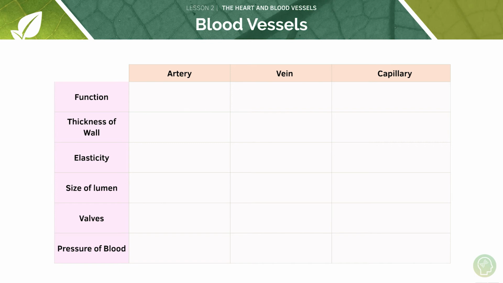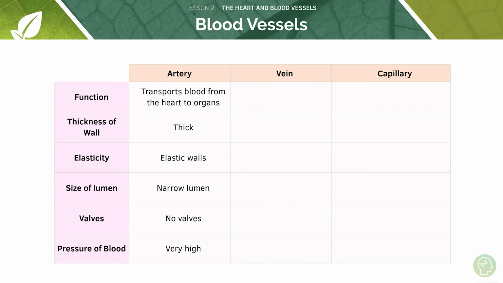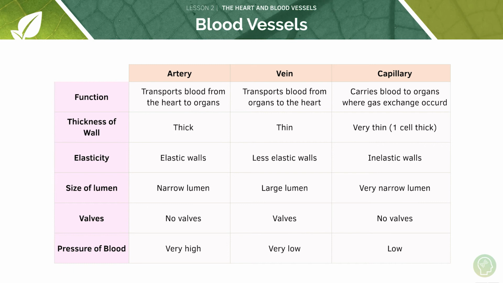So let's do a quick recap. Perhaps you can pause the video here and try filling out this table by yourself. And this is a really, really useful way of summarising the information that I've just told you. And remember, you don't have to memorise this, you can work it out from basic principles.